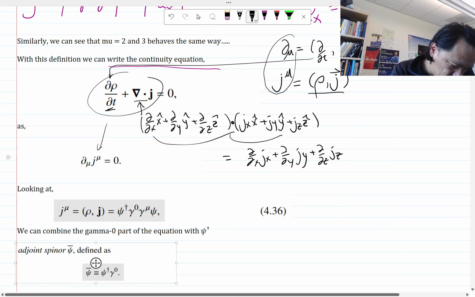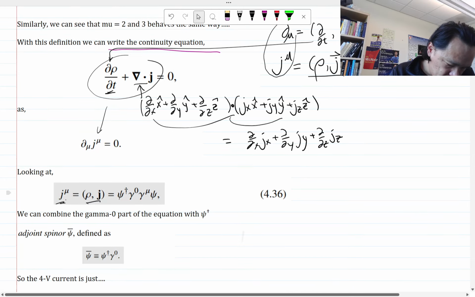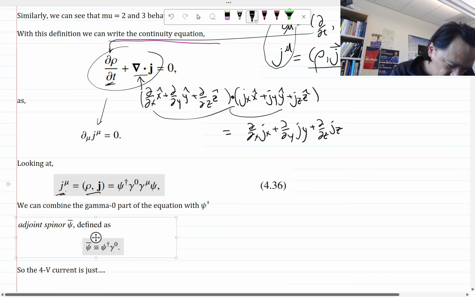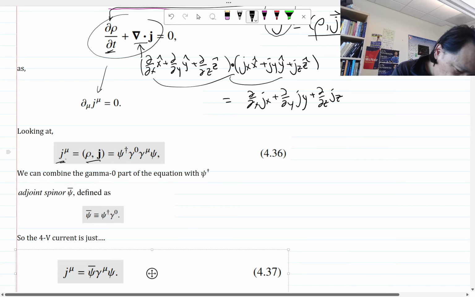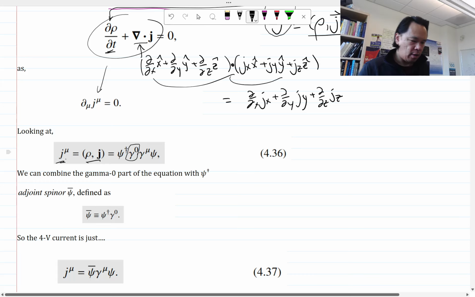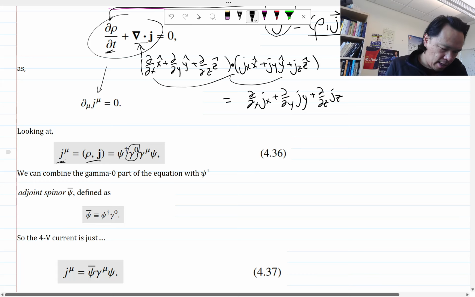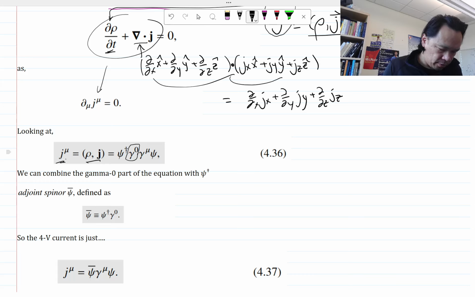Looking at what this looks like, remember j mu, I have it up here again, is these gamma matrices sandwiched between these wave functions. We can even shorthand this a little bit by writing what's known as the adjoint of the spinor.